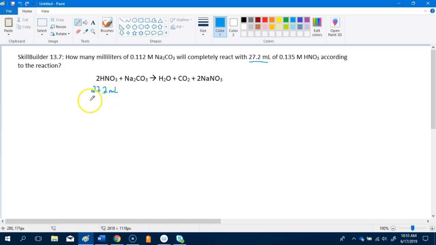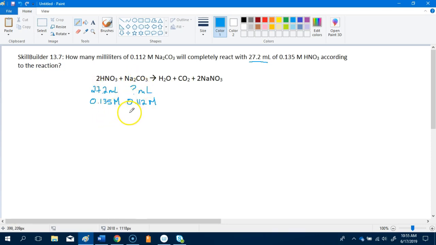So what they're looking for is if we start out with our hydrogen nitrate and we have 27.2 milliliters of hydrogen nitrate at a concentration of 0.135 moles per liter, and it reacts completely with a concentration of 0.112 moles per liter of sodium carbonate, how much sodium carbonate do we need to react completely?